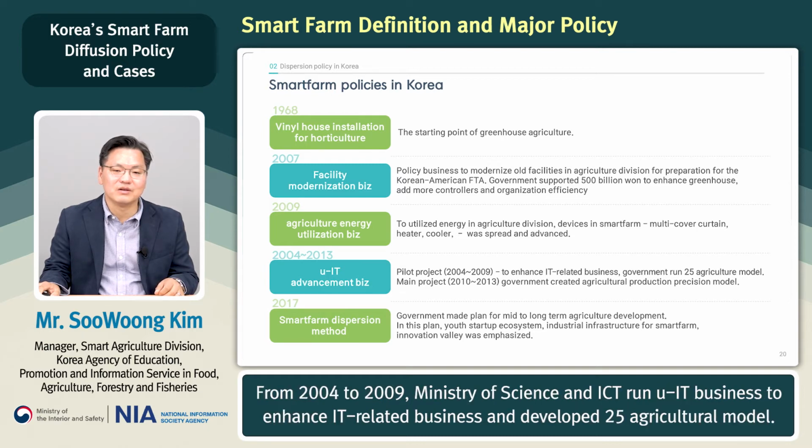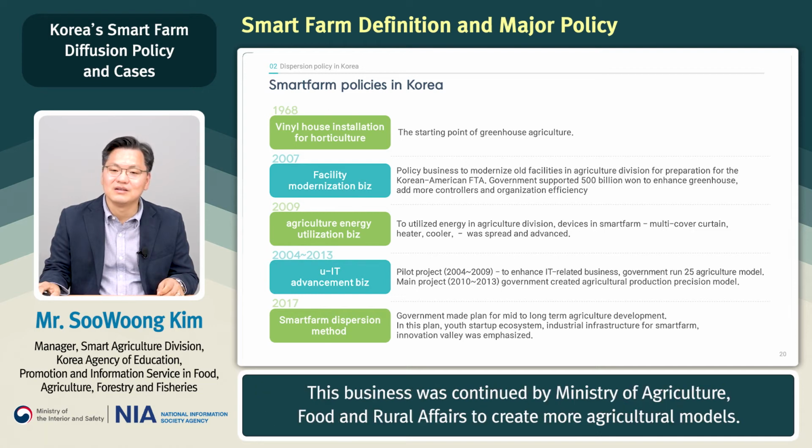From 2004 to 2009, the Ministry of Science and ICT ran the UIT business to enhance IT-related business and develop 25 agriculture models. This business was continued by the Ministry of Agriculture, Food and Rural Affairs to create more agriculture models.